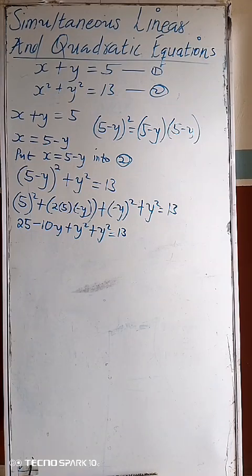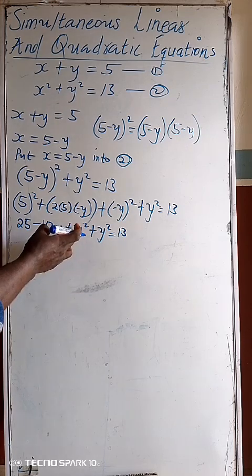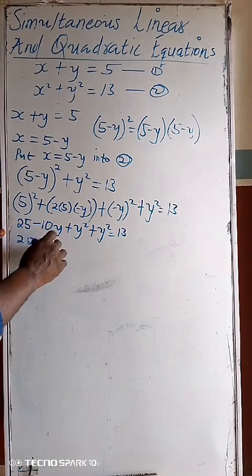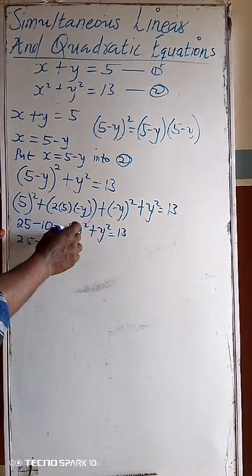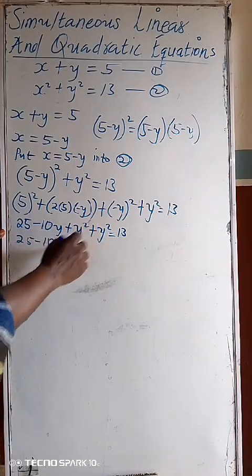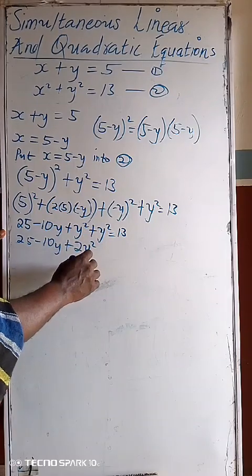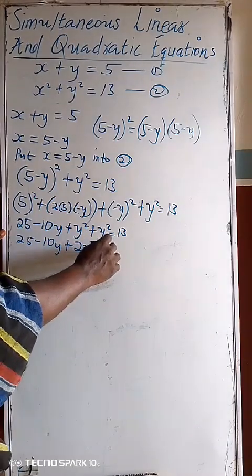Now let's add and group like terms and move on. So here, rearrange it nicely: I have 25 minus 10y. Here the coefficient is 1, the coefficient is 1, so it's 1 plus 1, which is 2y squared, is equal to 13.